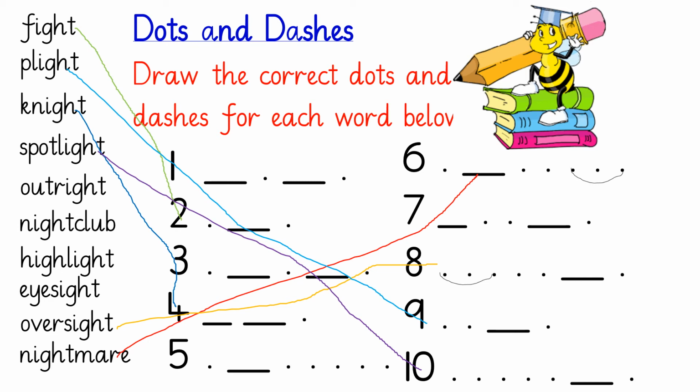So OW makes our dash. Then we've got a T and an R, which means it's 2 dots. Now if we look, 1 is dash dot dash, and 7 is dash dot dot dash, which means outright is, I'm running out of colours here, outright is 7. Oops, sorry about that line.